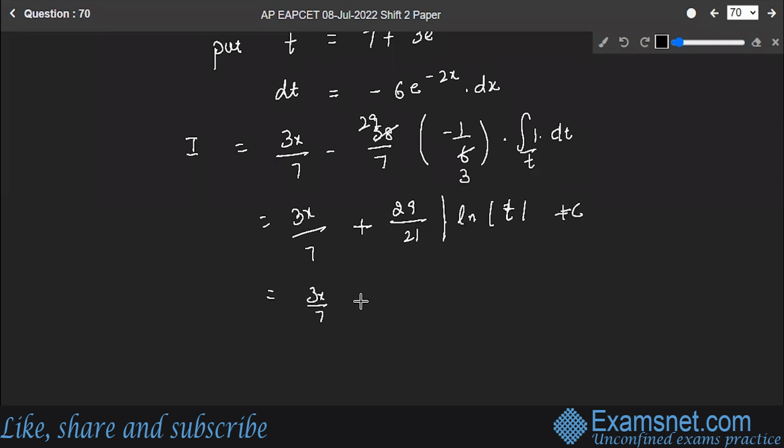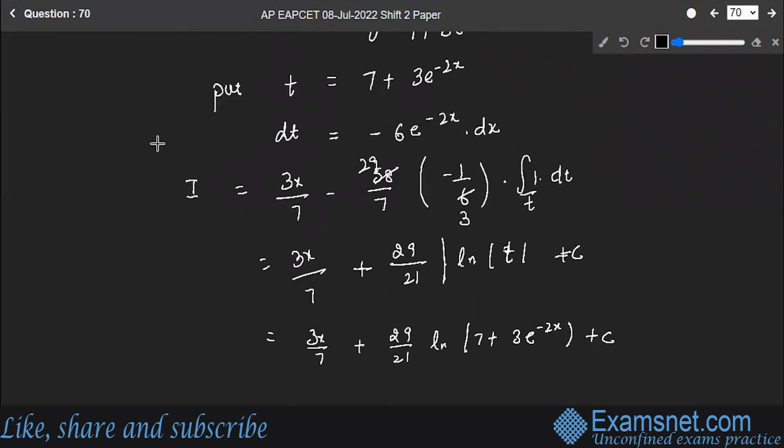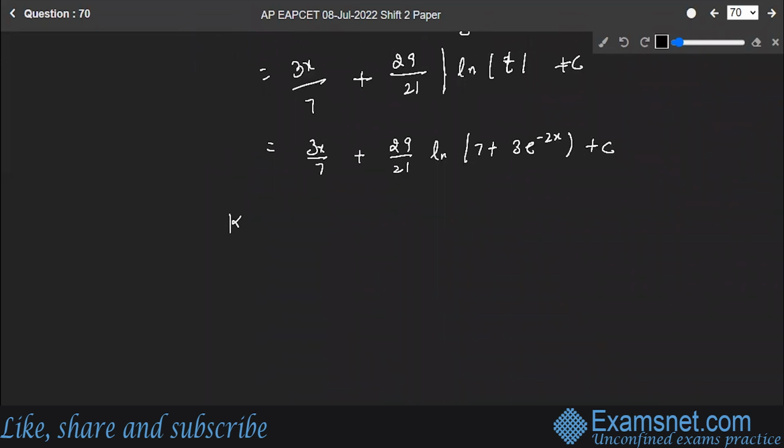So 3x/7 plus 29/21 natural log of (7 + 3e^(−2x)) plus c. So comparing it with the one we have over here, you can easily find out the values of k and L. So according to this, k is equal to 3/7 and L is equal to 29/21.